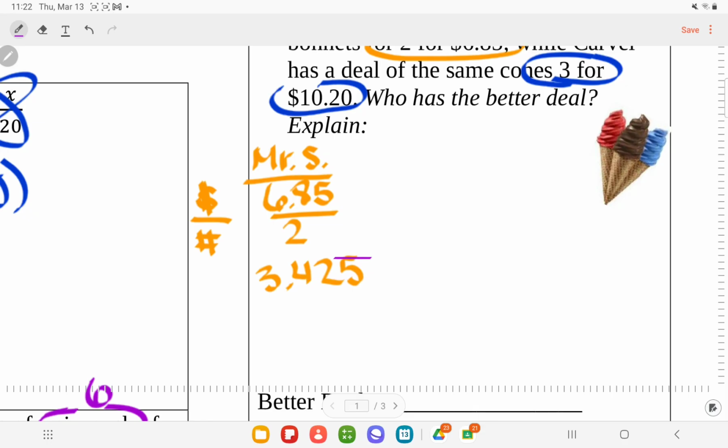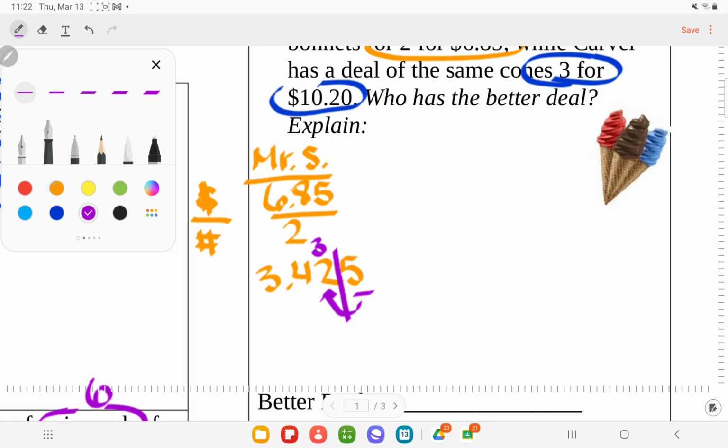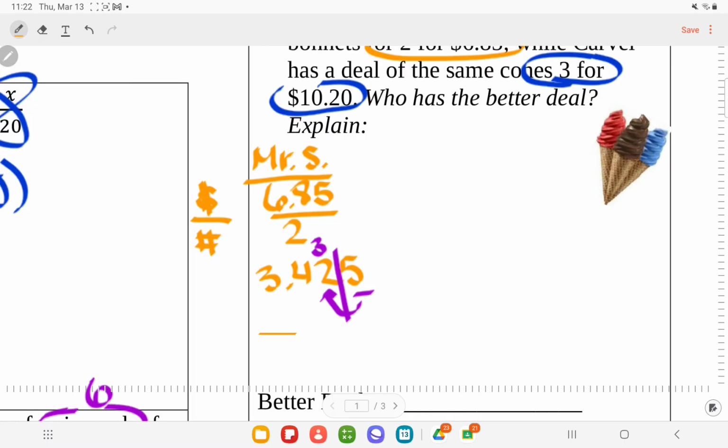So we're going to go 2 decimal places, 2 spaces after the decimal. Look at this 5. This 5 tells you to do what to your 2? Ring it up, make it a 3. So Mr. Softy is technically selling these for $3.43 per cone. Or bonnet, whatever you want to say there.